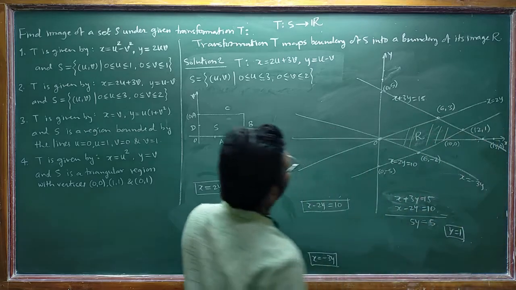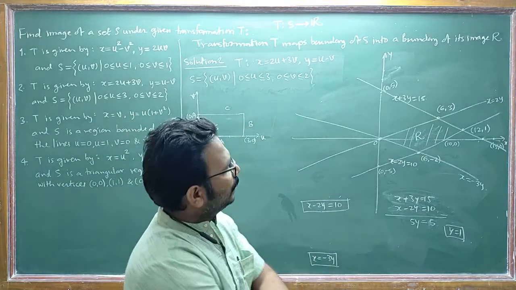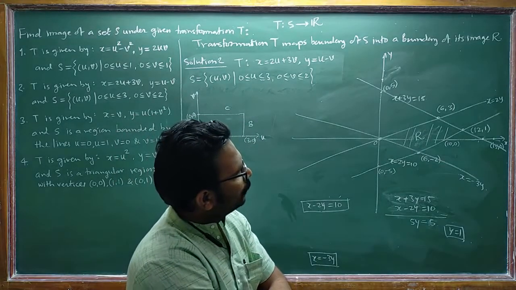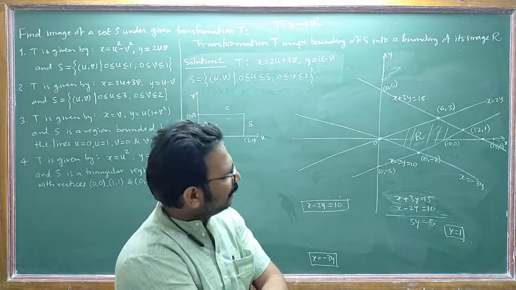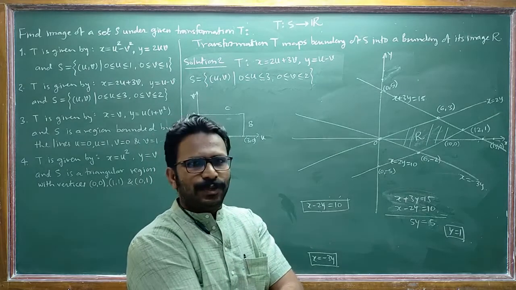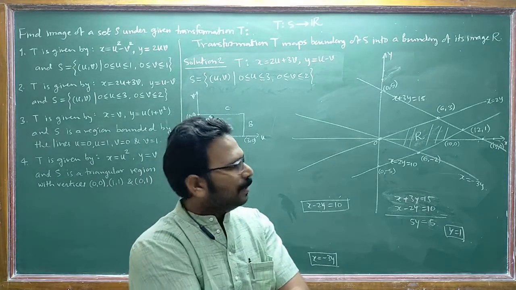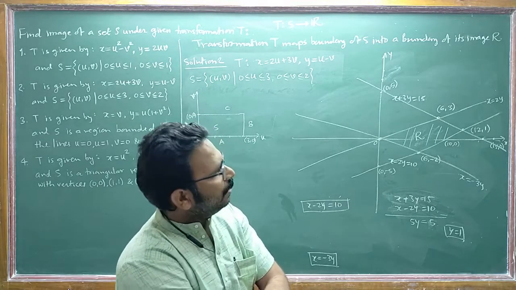So for this example 2, the region which is getting converted here is a parallelogram with the corners 0, 0 origin, 6, 3, 12, 1 and 6, minus 2. Okay.